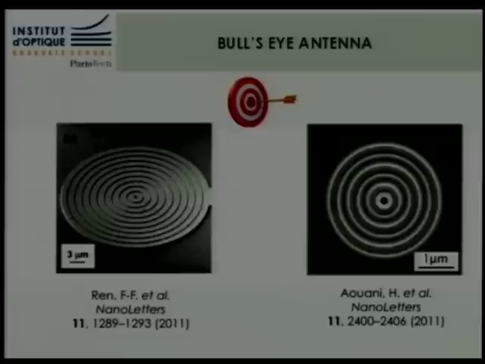So for instance, in the first case, they use it to improve the absorption of a germanium detector placed at the center of the bullseye antenna. And in the second case, it was used in order to have a wavelength-dependent directional emission of the emitters placed at the center of the antenna, which would make for a small spectrometer.